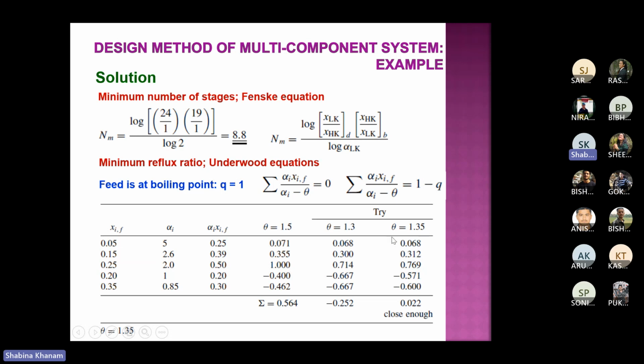In that way theta value 1.35 you can find out, 1.35 you can consider. So you can choose the initial guess for theta, considering different values, but that value of theta should be between light key and heavy key relative volatility. Then after a few iterations you can get the value of theta as you can see over here.